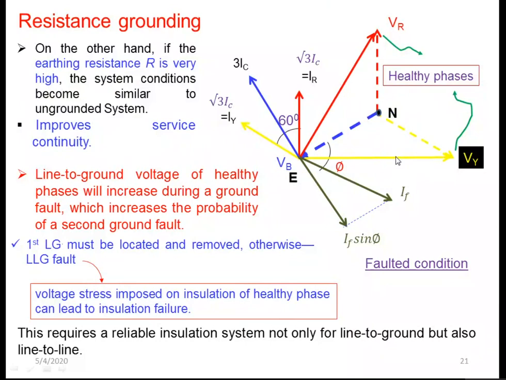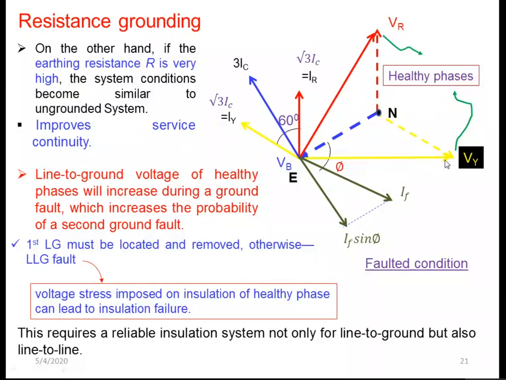And thus it is possible that on the first line to ground fault occurrence, because of the insulation failure for one of the healthy phases, the first line to ground event is converted into a double LG fault event here. So that is the concern in this case.